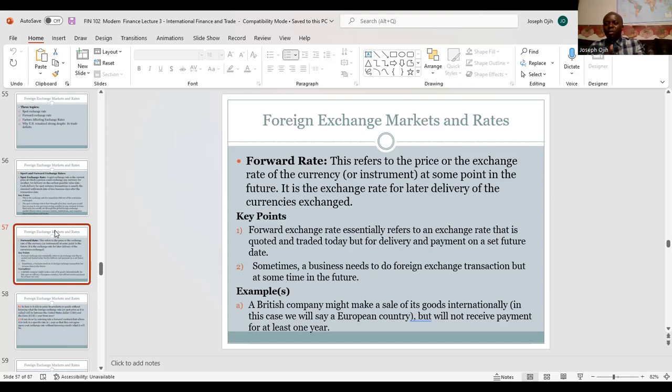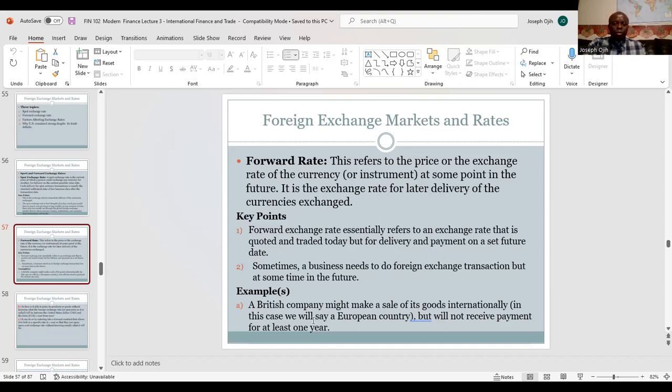How much a currency is exchanged for today will be different from how much it will be exchanged for 90 days from today, and that can affect the price of raw materials or inputs. To prevent that uncertainty, some businesses sign what they call forward contracts with a bank, so that 90 days from now, or even 1 year from now, this is the exchange rate you give me so that I can execute my day-to-day trading operations.